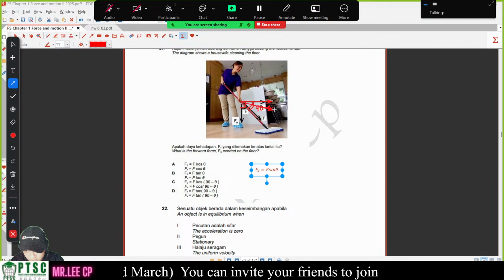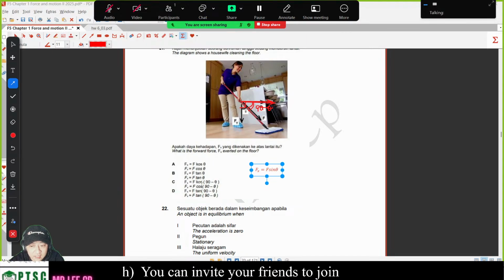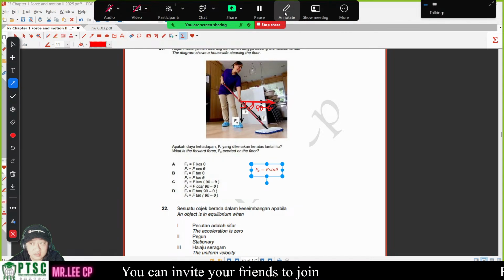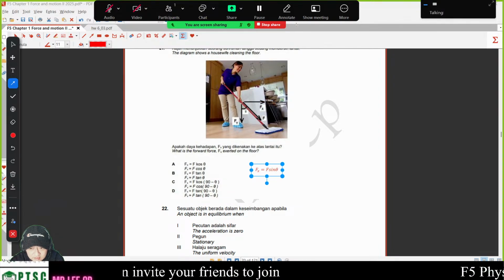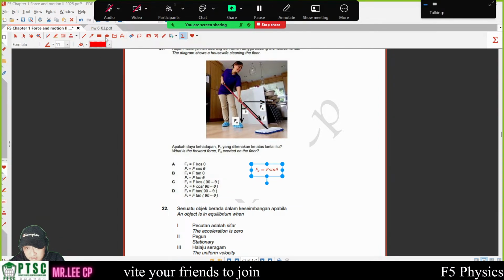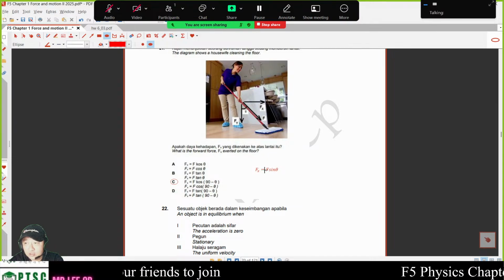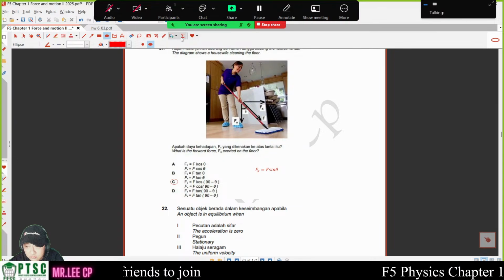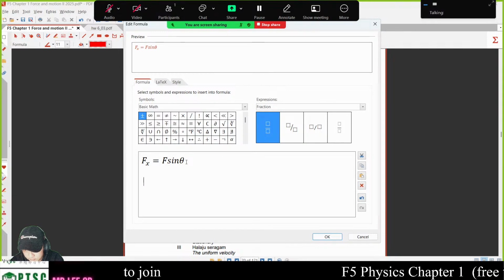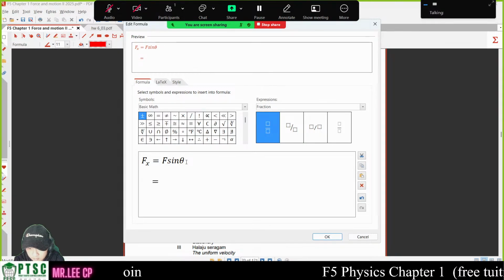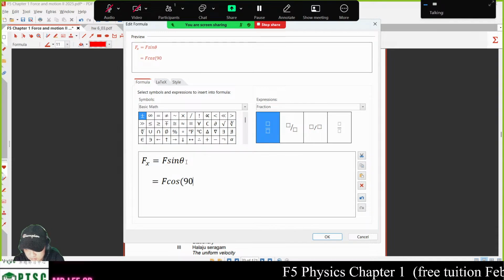So F cos 90 minus theta. So the answer is C. This is also equivalent to F cos 90 minus theta.